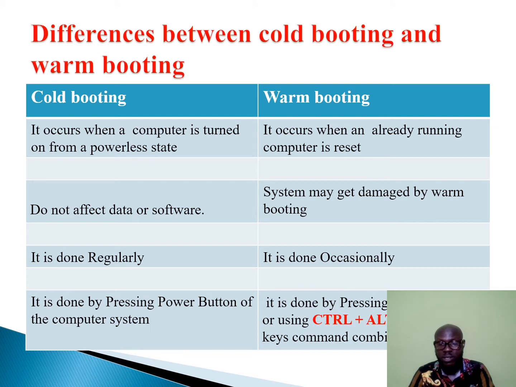That process is what we call warm booting. We don't put the machine off. When you put the machine off and start it again, that becomes cold booting. But when you use the combination key on the keyboard, then we have what we call warm booting.